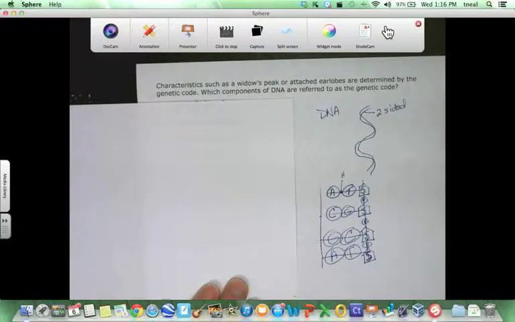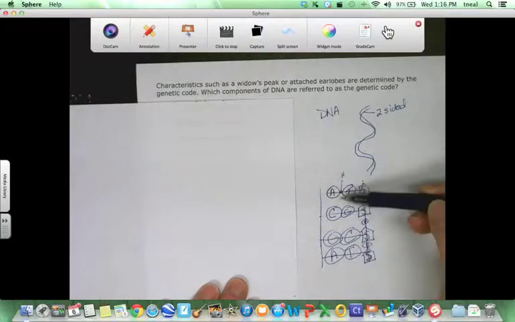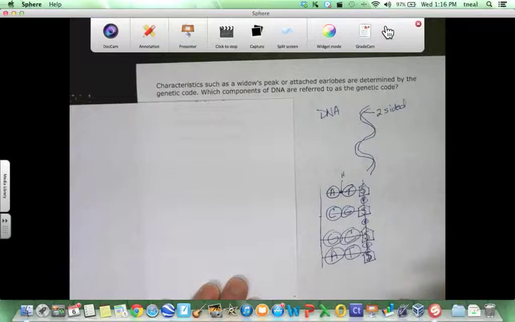Okay? Now, the sides of the ladder have these alternating sugar and phosphate. The sequence is always the same. But what's on the inside of the ladder, what is called the rungs of the ladder, are these nitrogenous bases, or nitrogen bases.